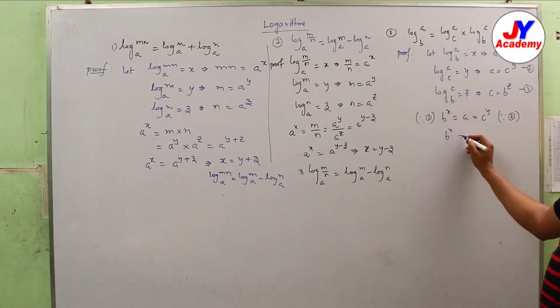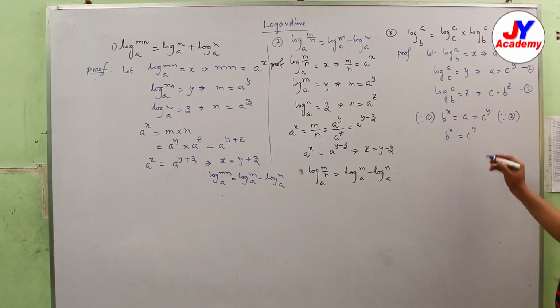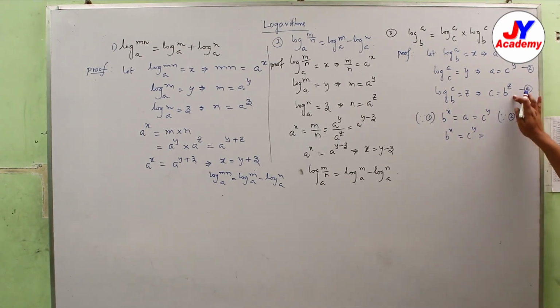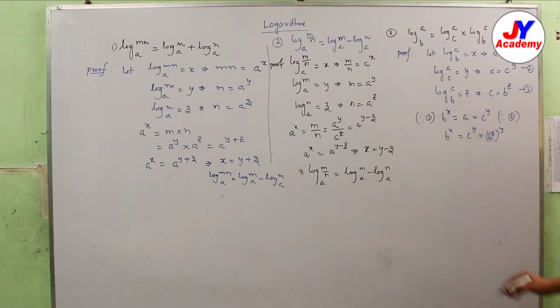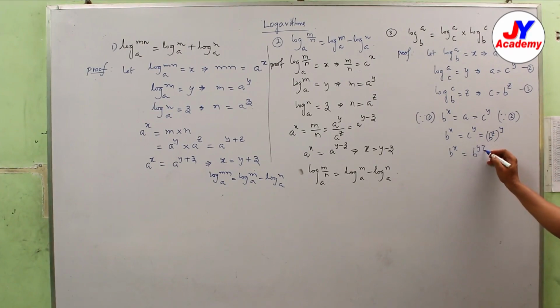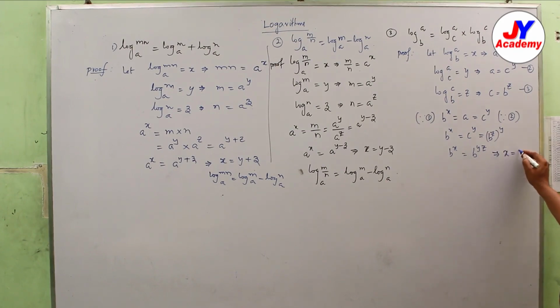So b to the power of x is equal to c to the power of y, and in the place of c what can we replace? b to the power of z. b to the power of z whole to the power of y. So b to the power of x is equal to b to the power of yz. Bases are equal, so we can equate exponents. So x is equal to yz.